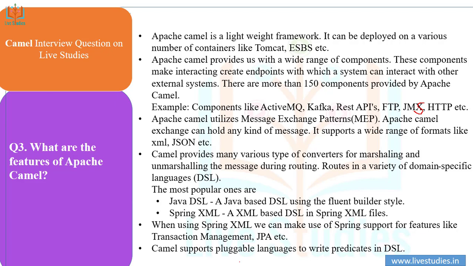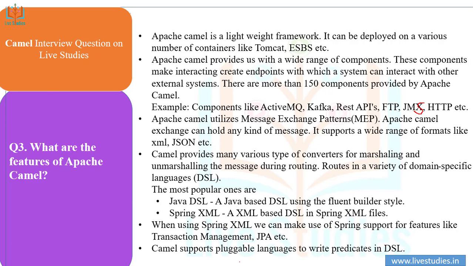Another one is that Apache Camel utilizes the message exchange pattern, MEP. An Apache Camel exchange can hold any kind of message. It supports a wide range of formats like XML, JSON, etc.